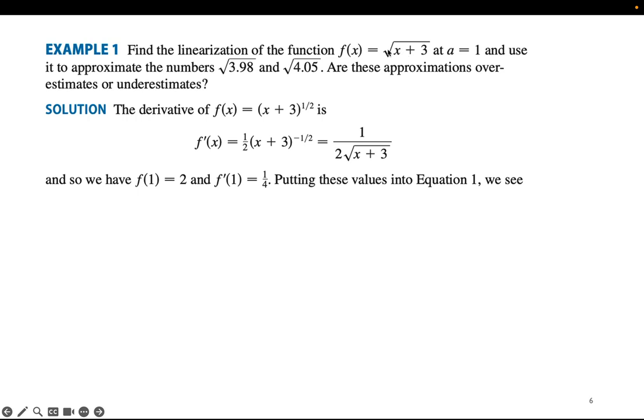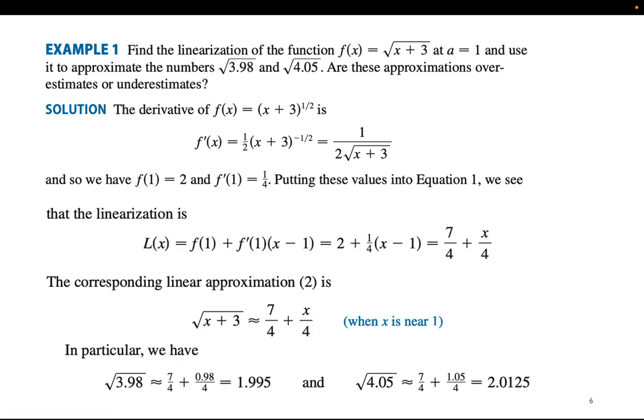Again, when you plug in 1, you get 2. So you know a point and a slope, so that's enough to give you the equation of the line. And that's what this is. This is the tangent line using that point and that slope. So f of 1 is 2, f prime of 1 is 1/4, and then x minus a is x minus 1.